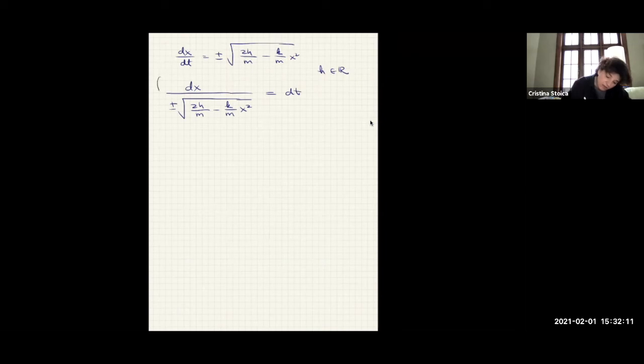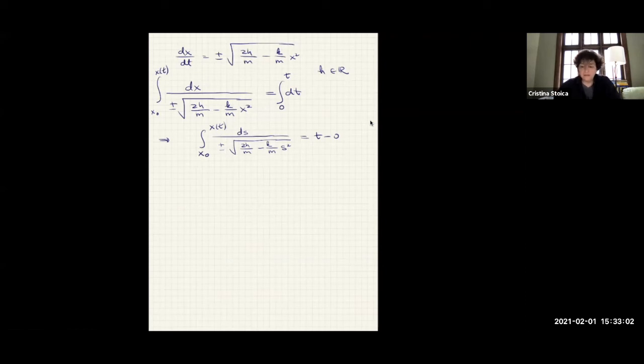Then we can do the integral, and end up with the integral from 0 to x of, I have to change the x to some other letter, let's say s, of 1 over plus minus root of 2h over m minus k over m s squared, equals t. So x of t, this would be t minus 0, so let's say 0 to t, and here we go from x0 to x of t.